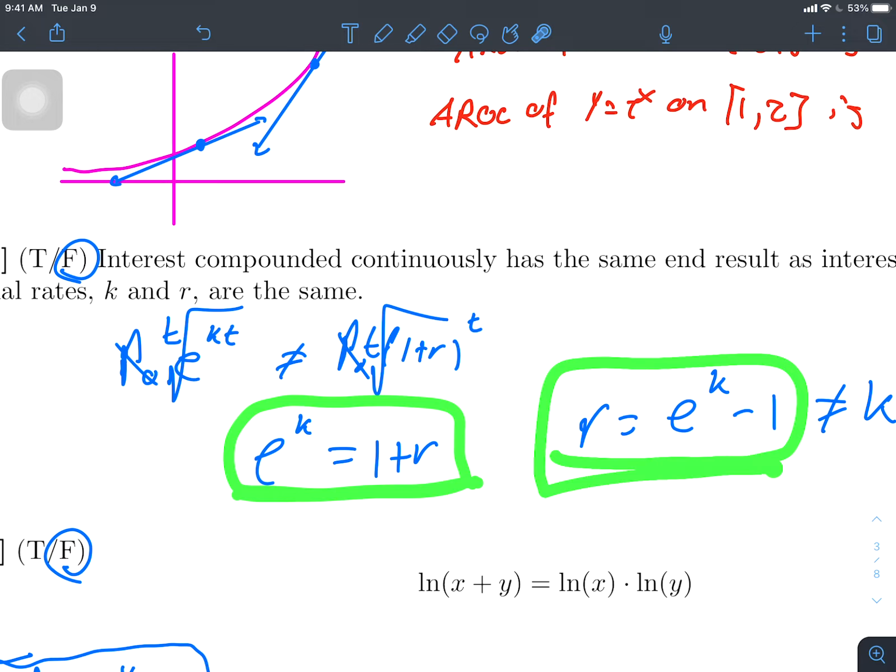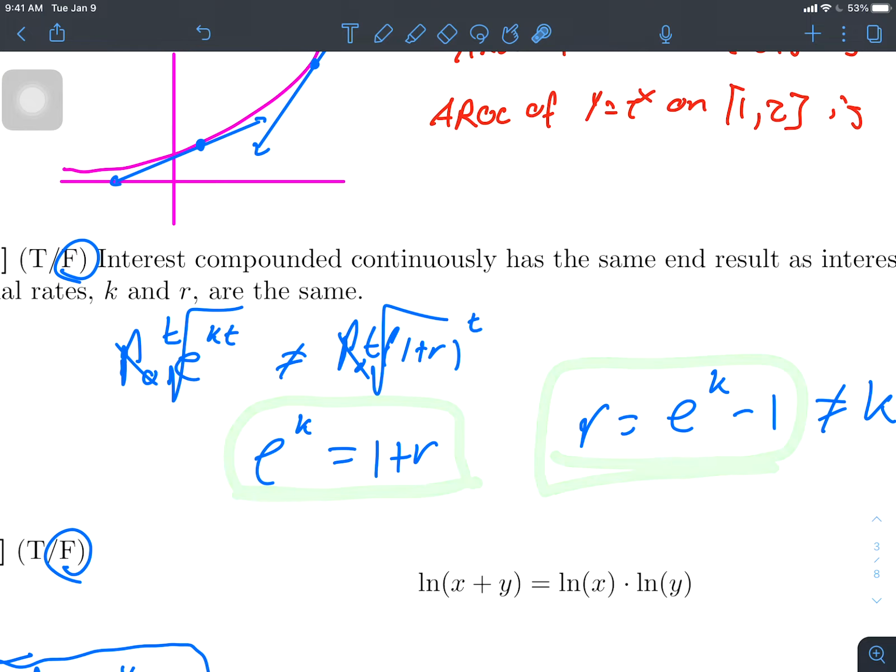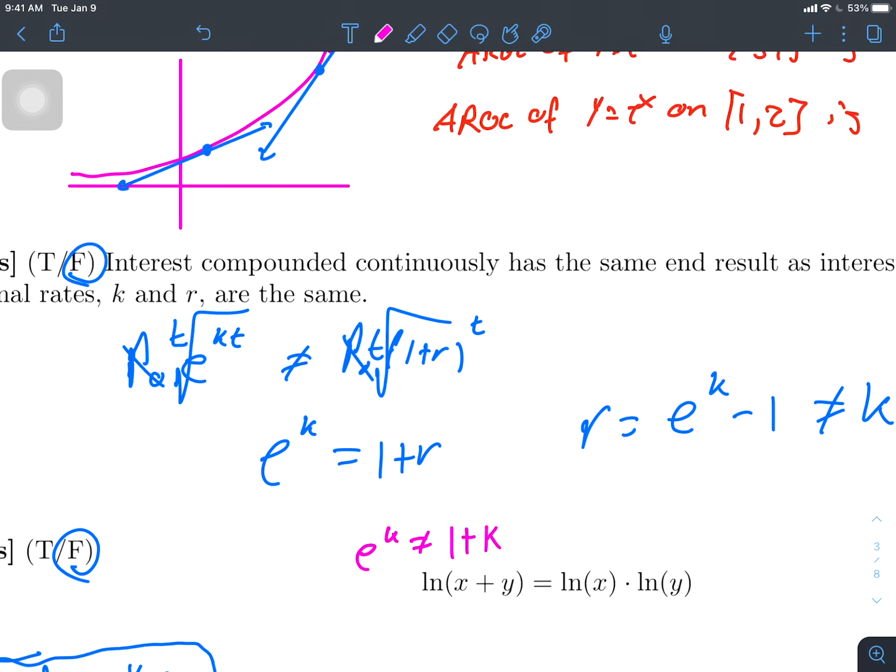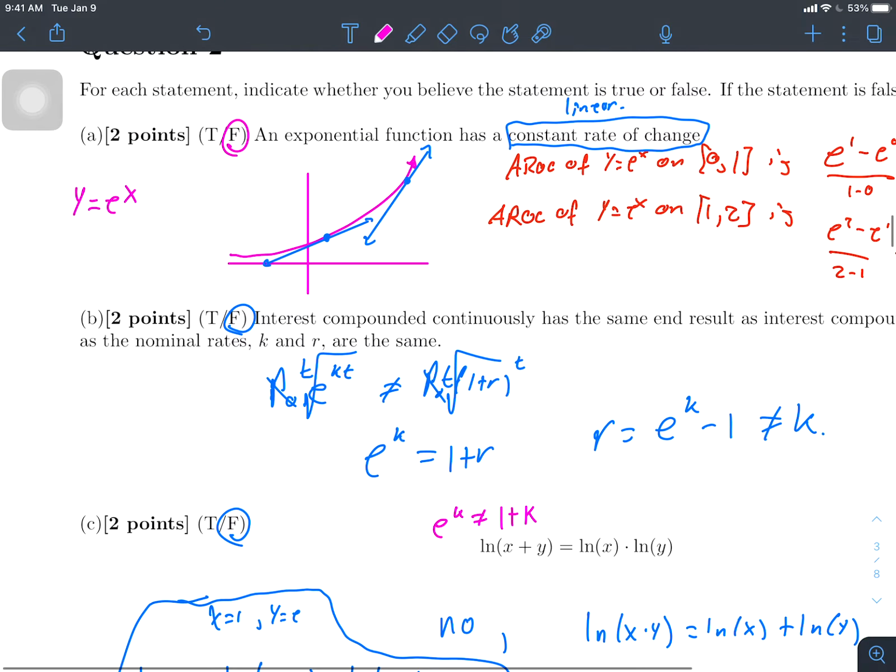And that's not the same thing as k, right? e to the k is not equal to 1 plus k. If r and k were equal, then these two things would be equal, and I could replace r by k. And e to the k is not equal to 1 plus k. It's definitely equal to something else.